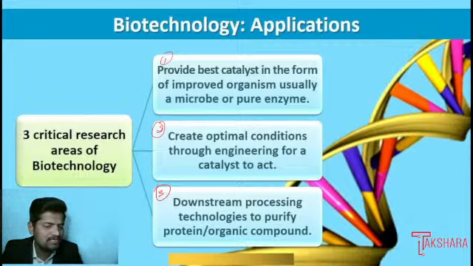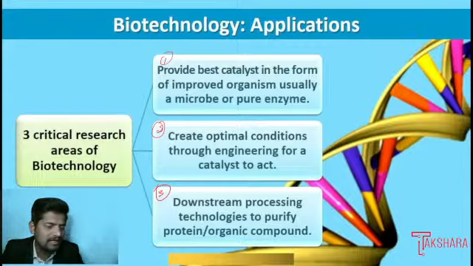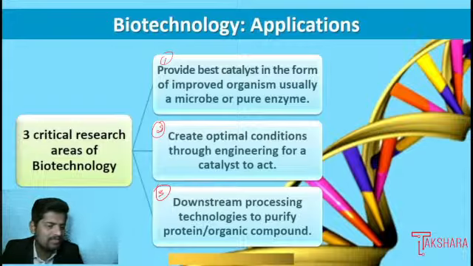In the last chapter, we studied the downstream processing mechanism, that is, the purification, testing and separation of protein with respect to organic compounds. That is completely related to the research area for biotechnological applications.